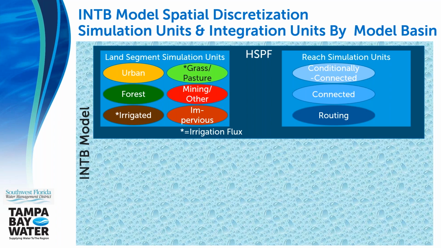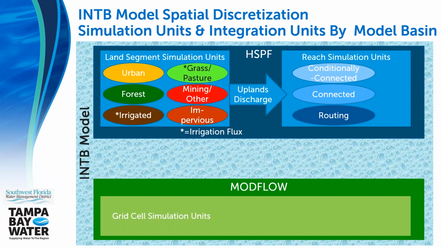We talked about conditionally connected and connected earlier. And then the routing reaches are a special case of connected, which receive water from connected reaches in upstream basins. All of the surface discharges from the uplands, pervious and impervious, are routed to these reaches in HSPF.